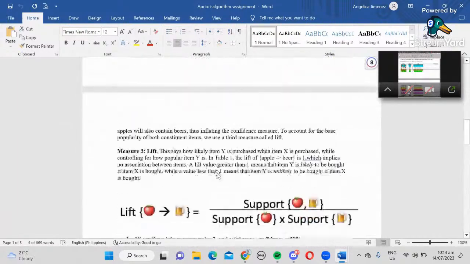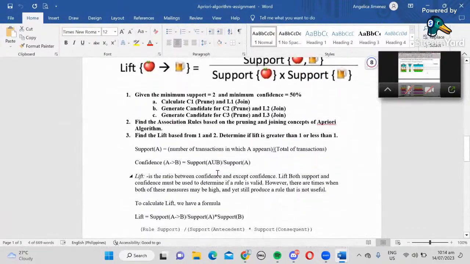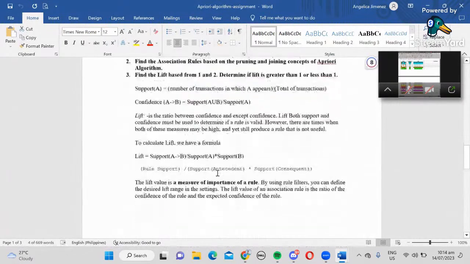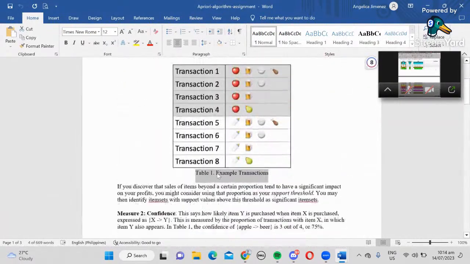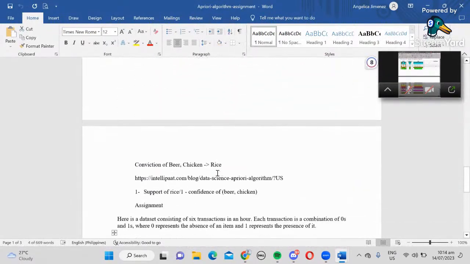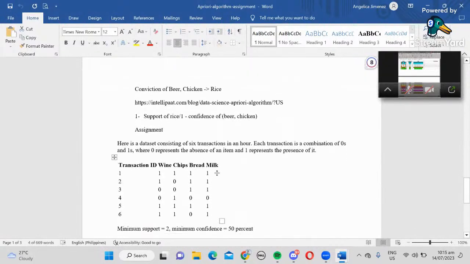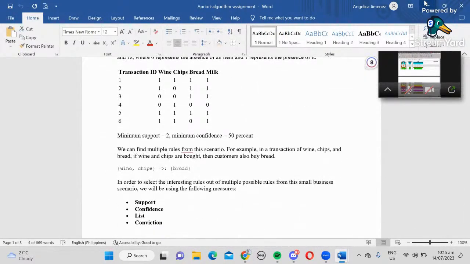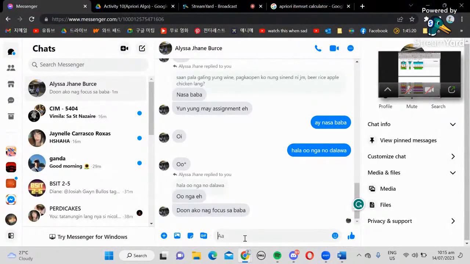Ayan, so I think we have Nicole and then Christina, then Jan, then Josiah ready. O sige. Nicole, identify mo lang kung anong rule yung iyong kinompute, please. Yung beer, rice, and chicken po. Beer and rice. Ayun, yung 50%, na?